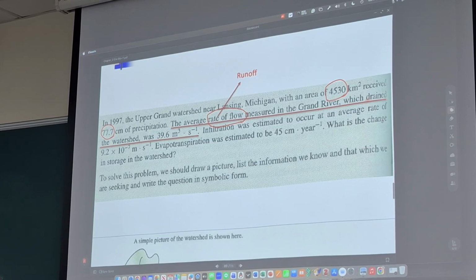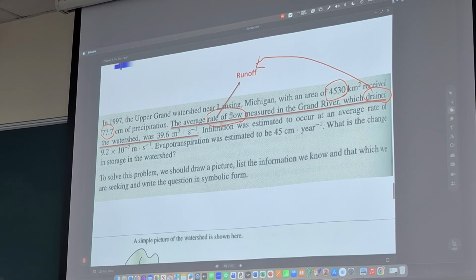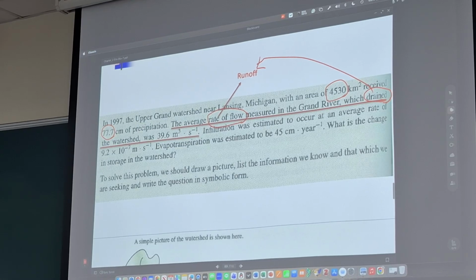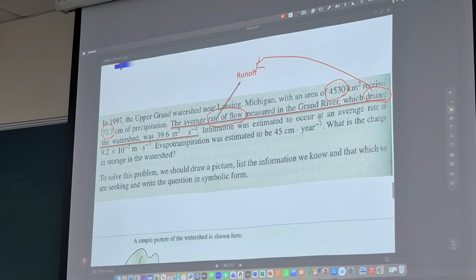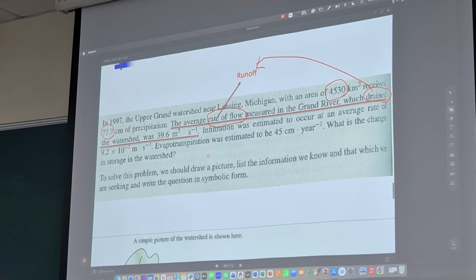And you might also see in the explanation the word drain. The drain means runoff. If you don't understand rate of flow, at least you know the drain means runoff. So it's 39.6.